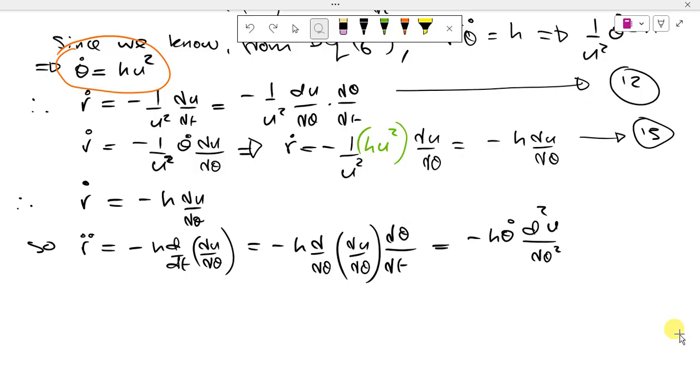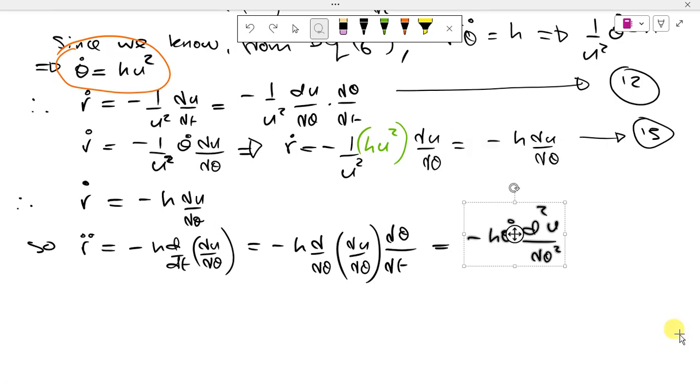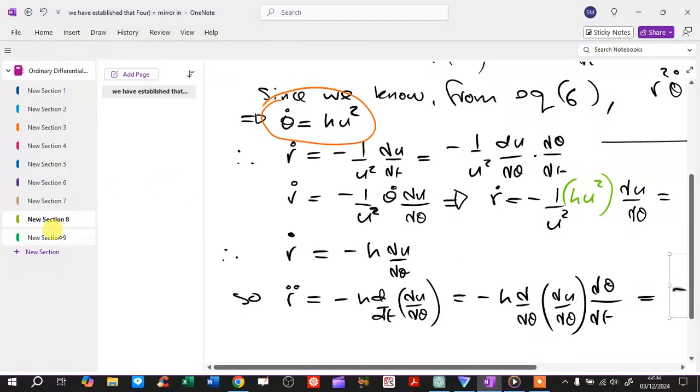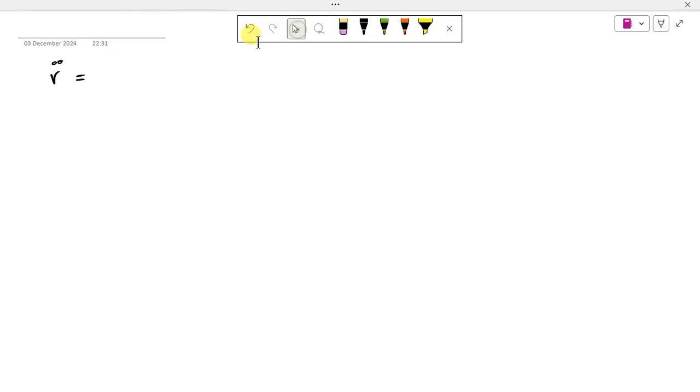Now, what was I doing? Right, so that's what I want to cut and paste. Control C. And we go back to section 9 and we'll just drop it there. Control V. Right. Okay. So R double dot is equal to that.